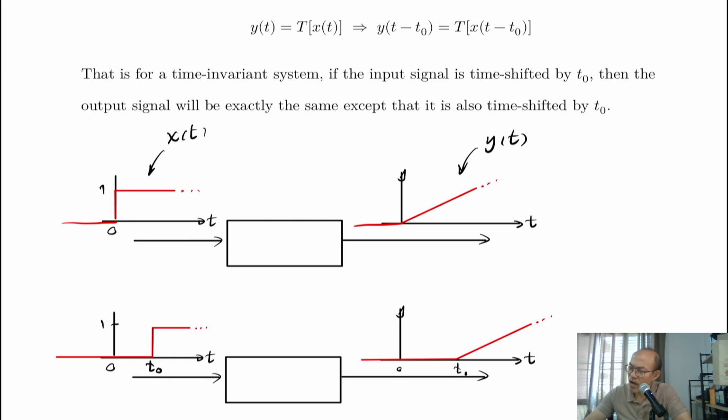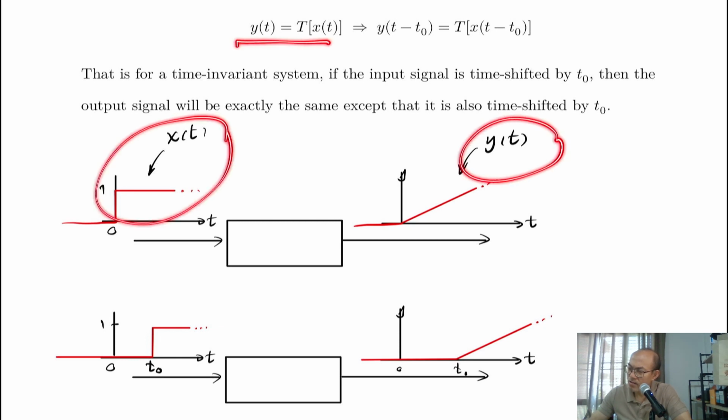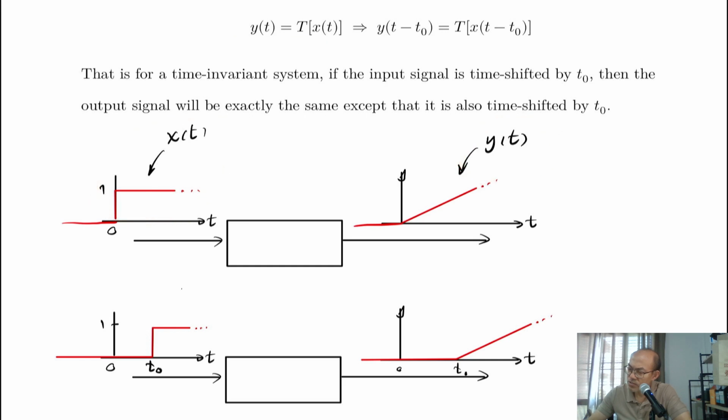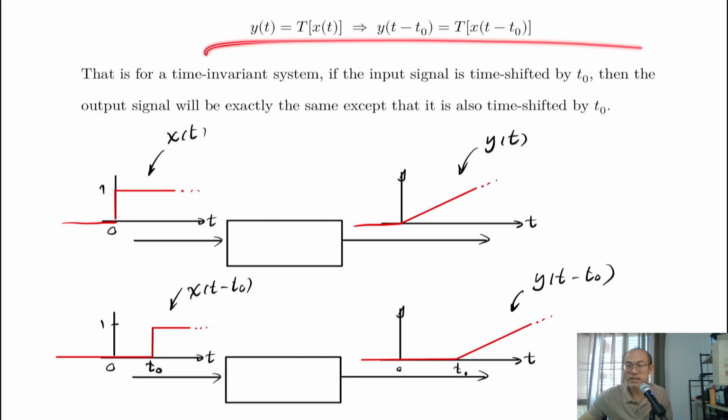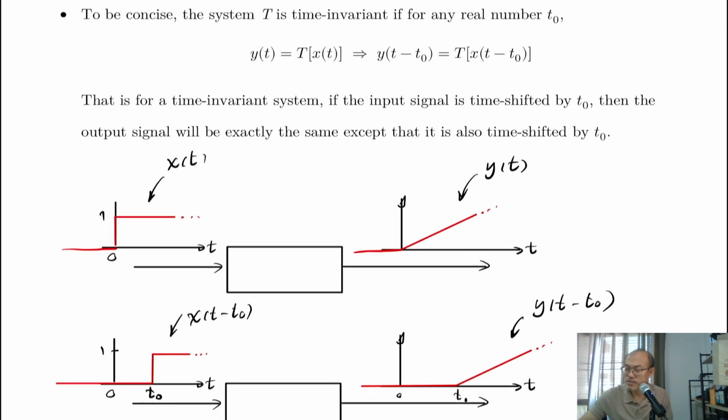Suppose we have y here. y is a result from x. Then if you shift x, this is x of t minus t0, and you give this signal to the system. The output has to be the same, except that it has to be shifted by the same value. And this is y of t minus t0. So this is what this condition means.